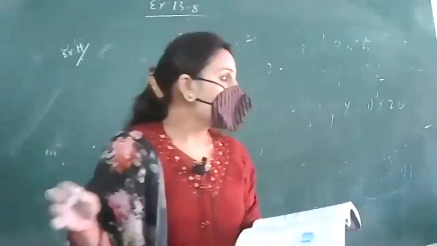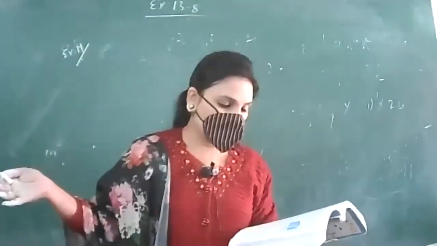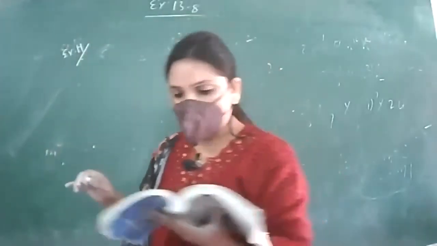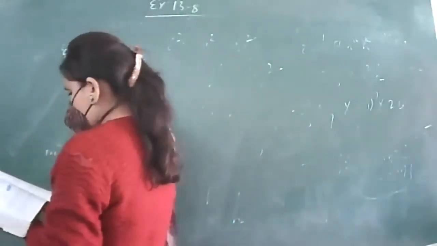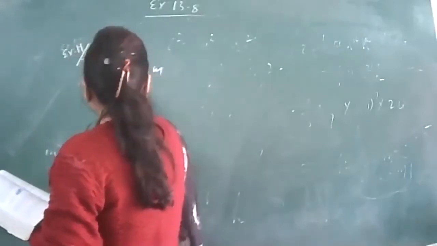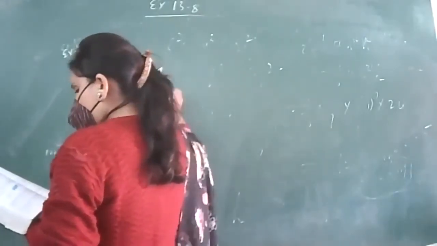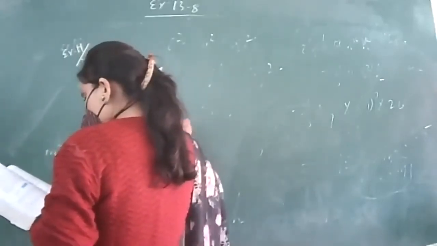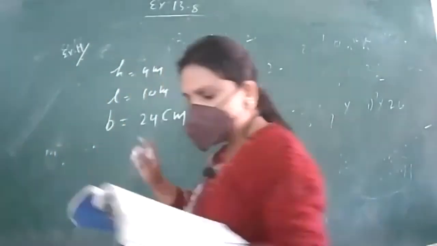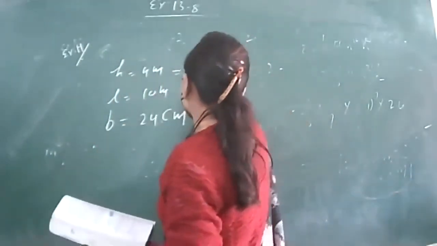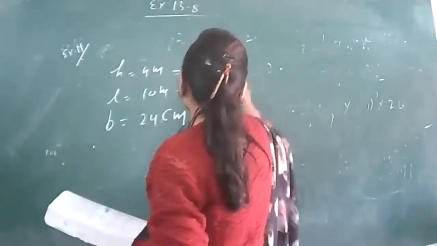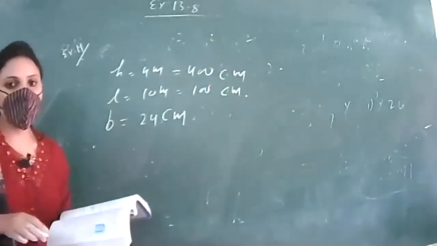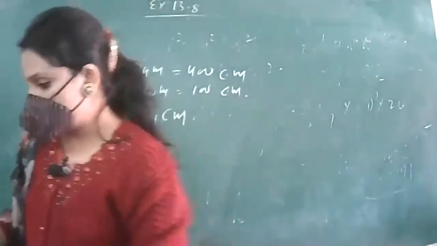There is a ground, and a wall has to be built around it. The height of the wall is 4 meters, length is 10 meters, and thickness, meaning breadth, is 24 centimeters. The other dimensions are in meters, so let us convert them into centimeters: height 400 centimeters, length 1000 centimeters and breadth 24 centimeters.